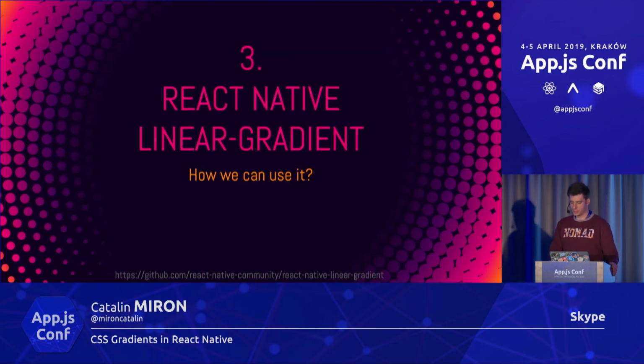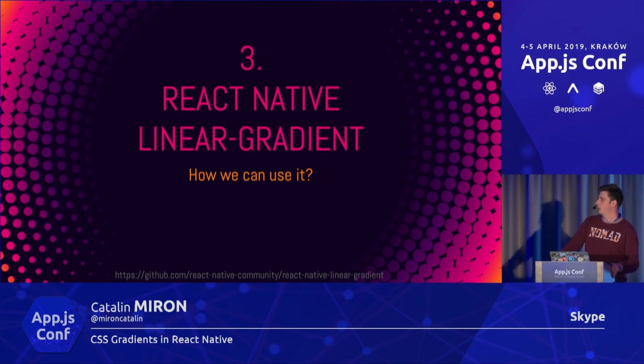Now the fun part, the React Native linear gradient. There is a library, Brent again did it. It's called React Native Linear Gradient, and nowadays it's taken over by the React Native community. You can render gradients in React Native quite easily, I would say.